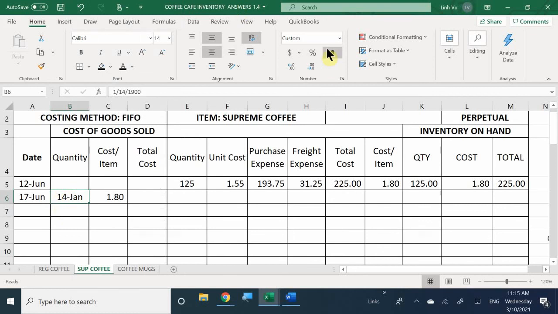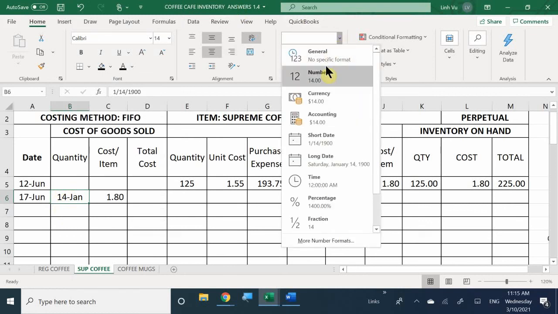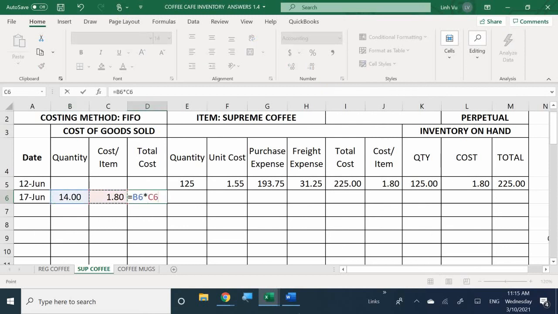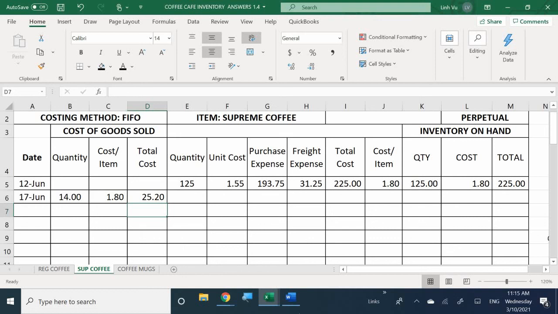So I have to change this real quick to a number. Okay, 25.20.